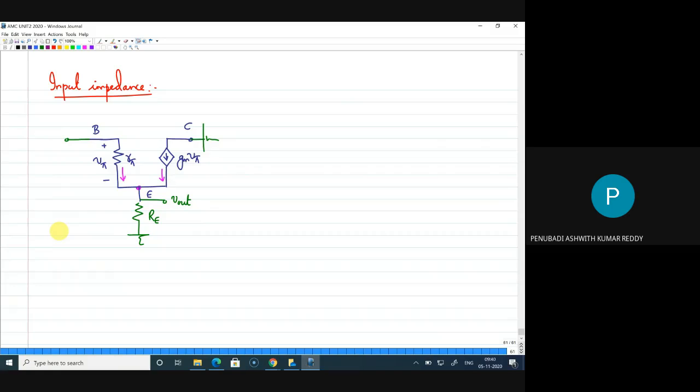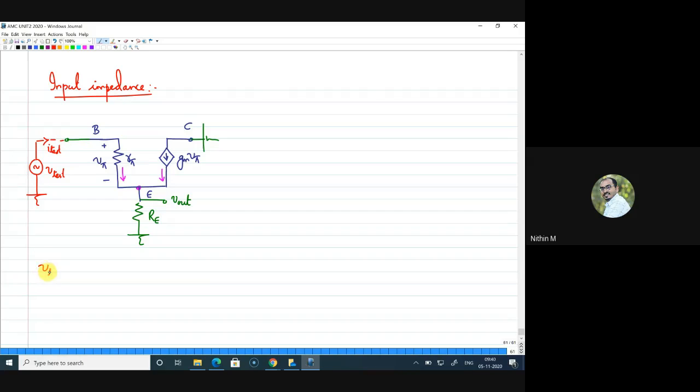No, sir. I'm not getting it. No, to find input impedance, what I should do first? What is the procedure to find input impedance? Are you able to recollect, Ashwit? All right. What you have to do is you have to connect a test voltage, right? Okay, sir. This is V test and this current is I test, and then you have to perform the rest.